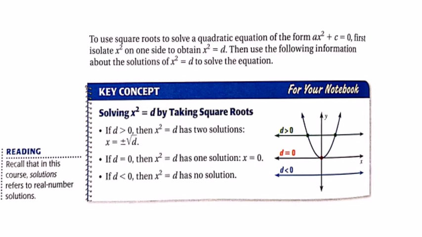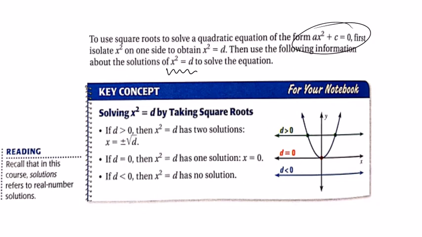So in this section we're going to be looking at a couple of different ways to solve for x using the square root. Alright, so as you can see how they write it out, I could have anything in the form ax squared plus c equals 0.